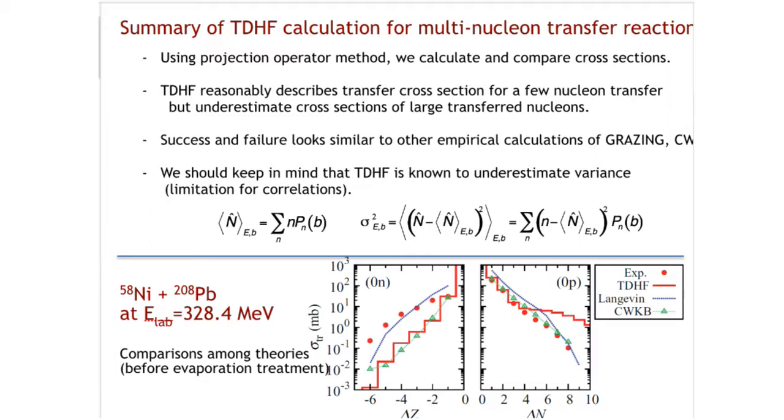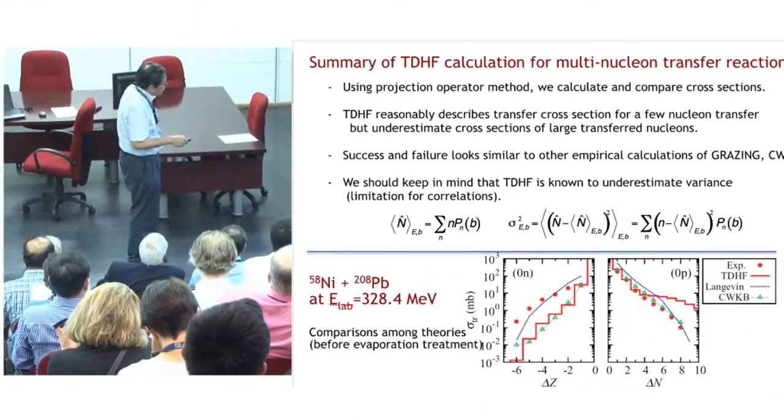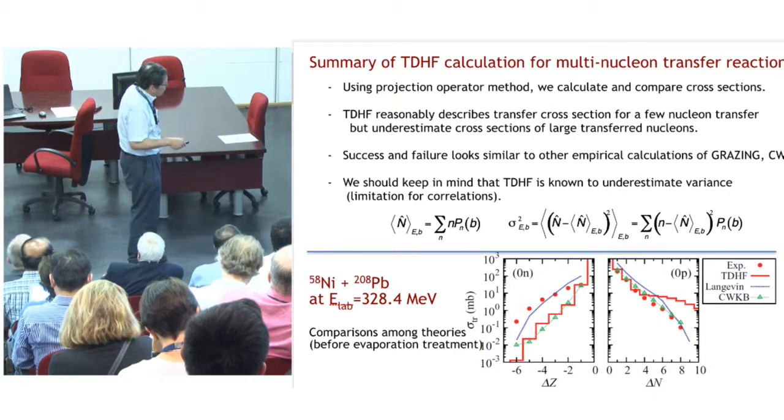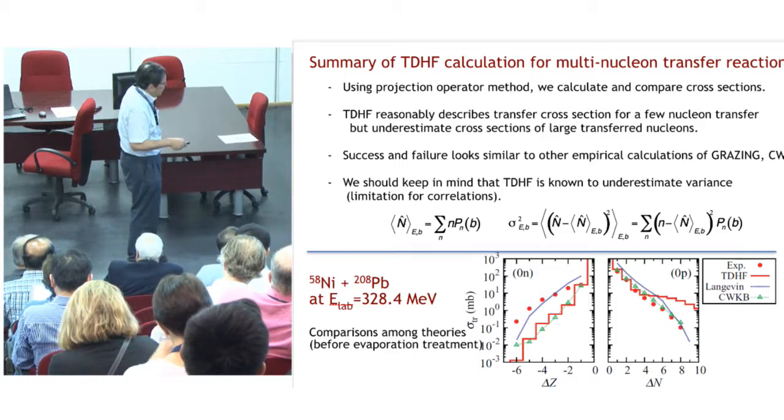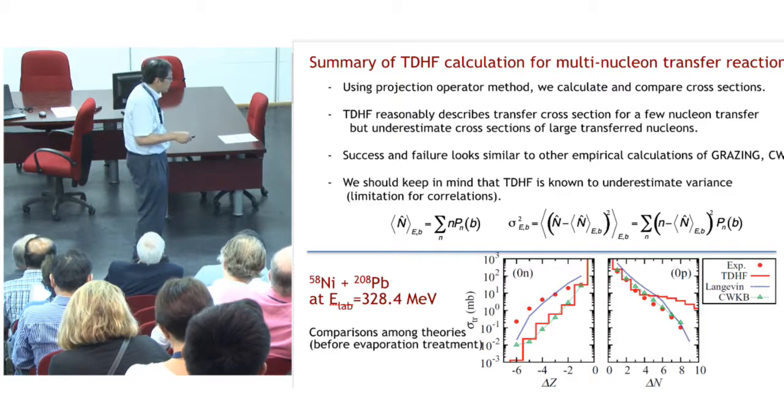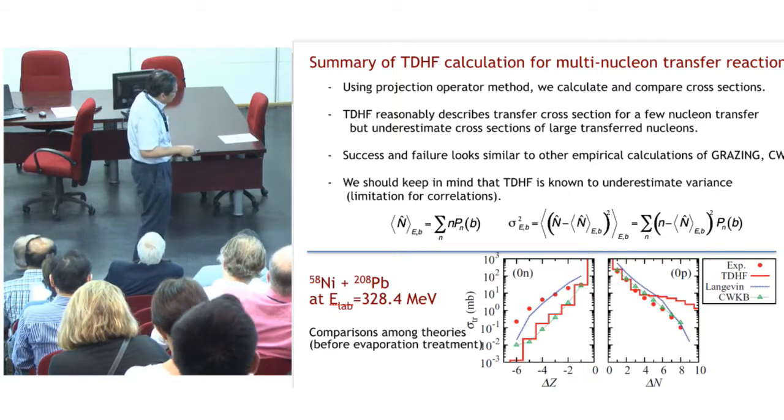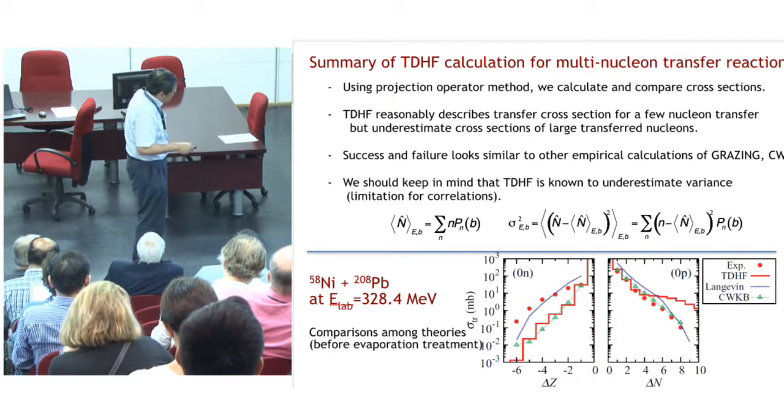But of course, we should keep in mind that there is a well-known drawback of the TDHF, that the variance is underestimated substantially by TDHF. That is well known for a long time in the analysis of deep inelastic collisions. So in our case, we get the probability.